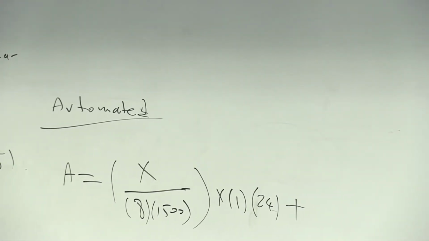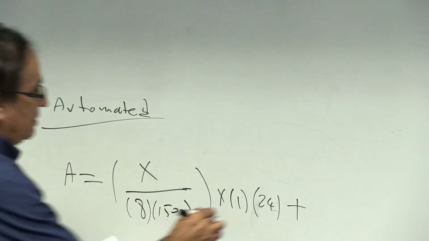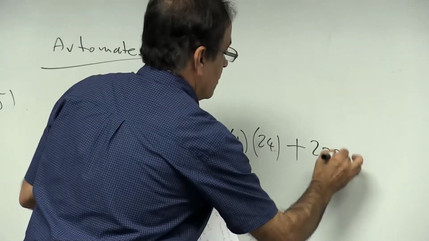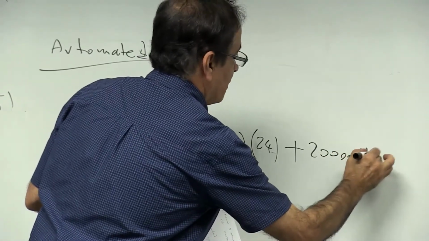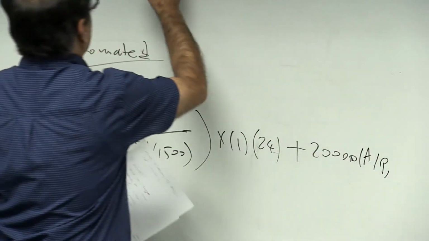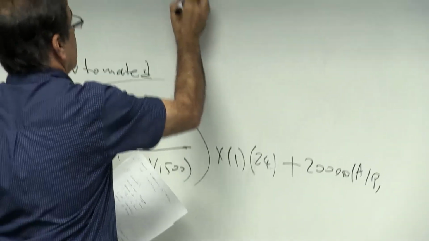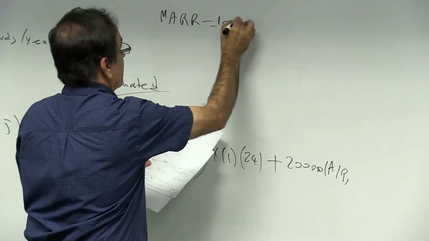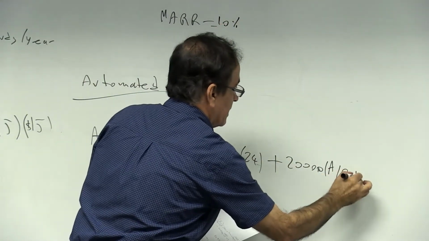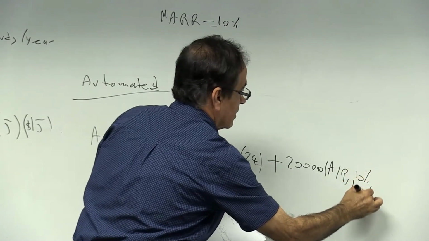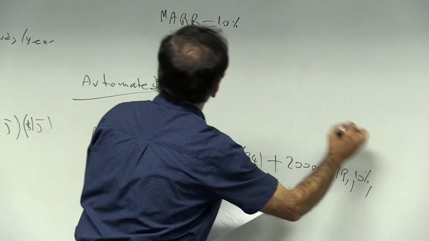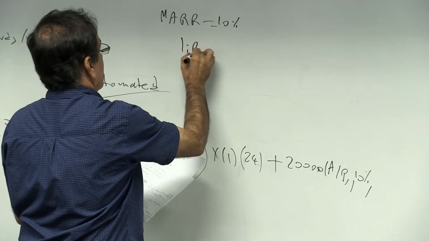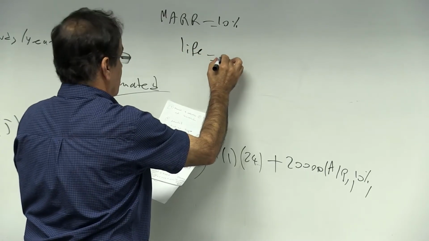Then you're going to add the cost of the equipment. You have $20,000, the initial cost. You're going to multiply this by A given P. By the way, the minimum attractive rate of return in this example is 10%, and the life of the equipment is 10 years.